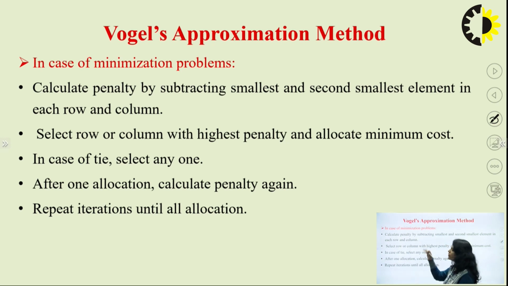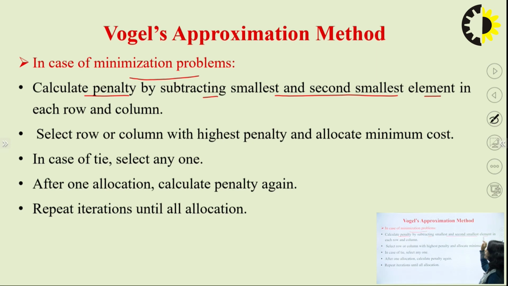First, we will discuss the case of minimization. If a minimization problem is given to us, we will calculate the penalty against each row and column. For calculating the penalty, we will subtract the smallest and second smallest element in each row or column. Then we will select the row or column with the highest penalty and we will allocate the minimum cost.